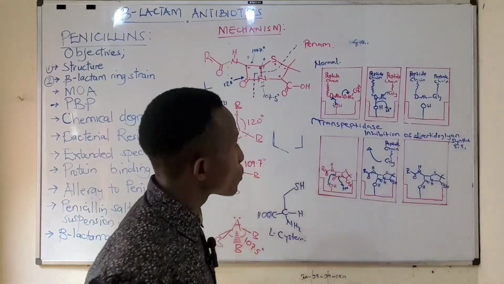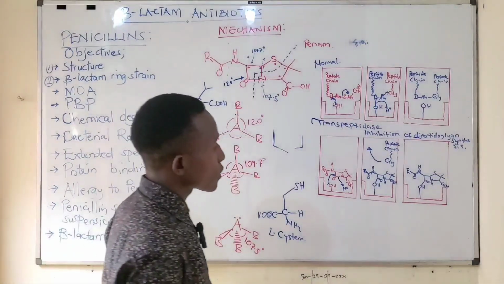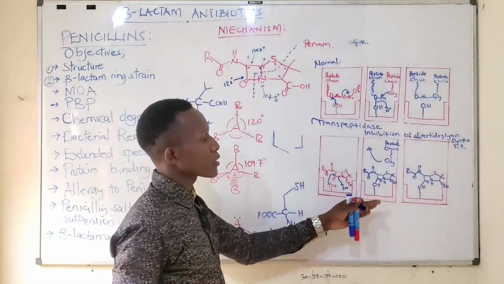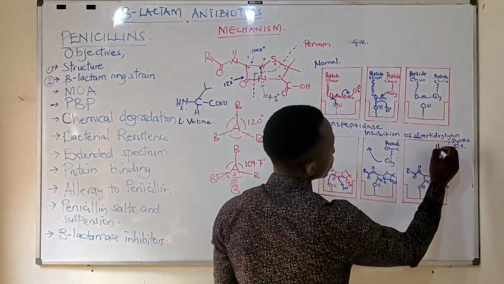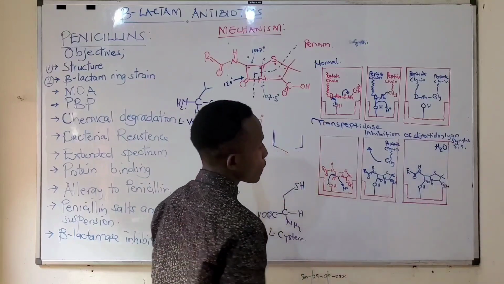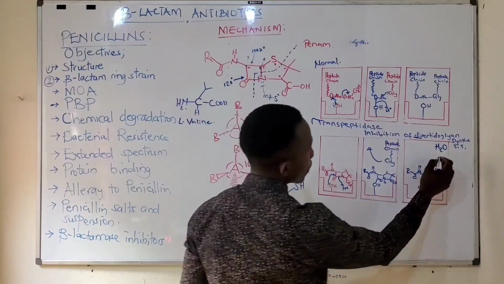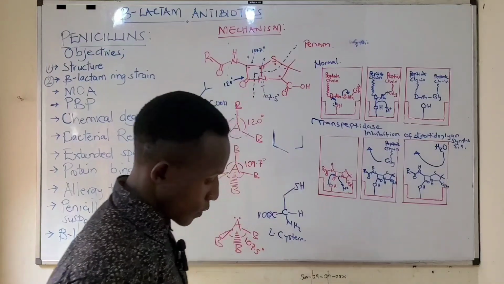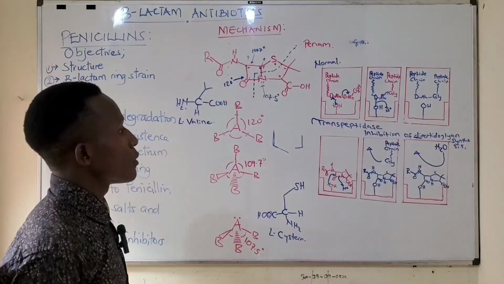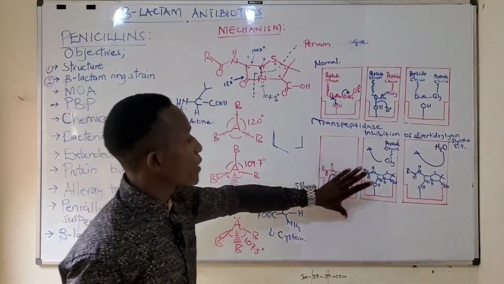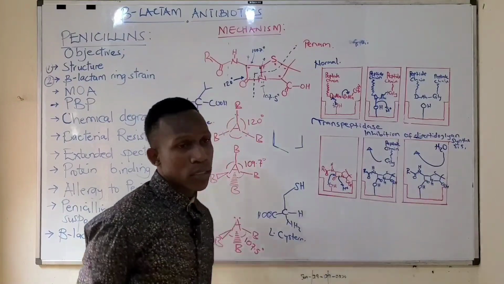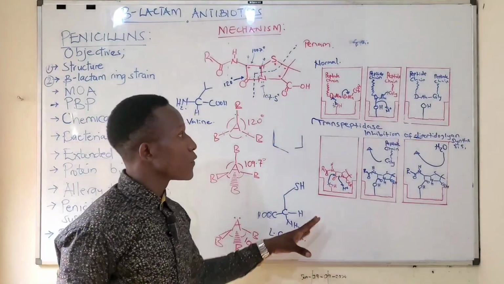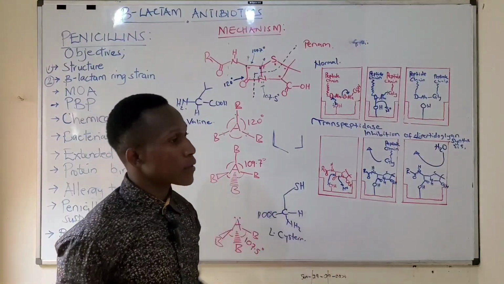Even the water which would have brought about hydrolysis will also be inhibited by the structure of the penicillin. So this water, remember, it could have hydrolyzed this bond, but it will also be blocked, meaning that we shall have penicillin binding permanently to the enzyme. So there is no formation of the peptidoglycans.